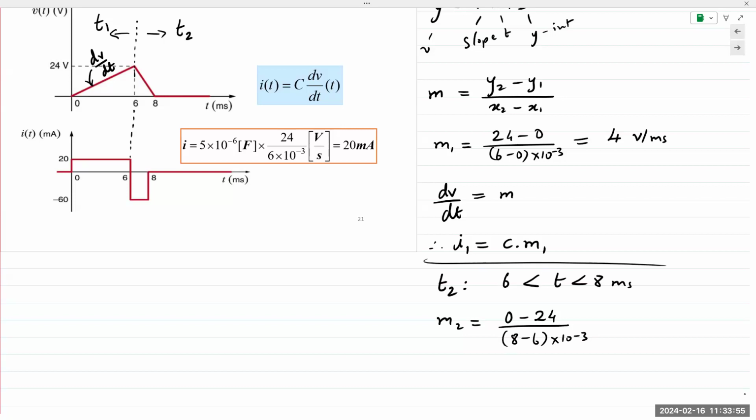So now I have minus 12 volts for every millisecond.